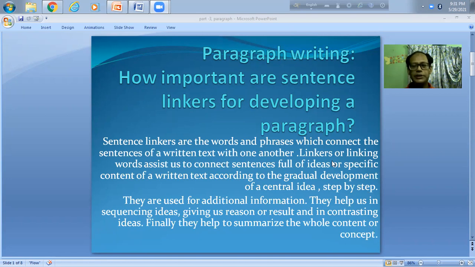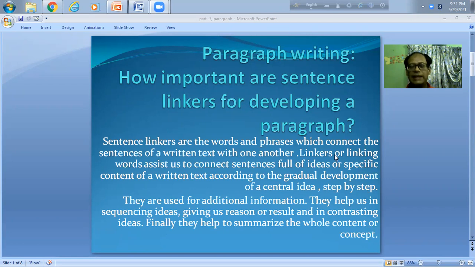So what kind of bridge? You just look at the context here. It's a gradual development. When you write a paragraph, you would like to focus on the gradual development of a certain idea, step by step.